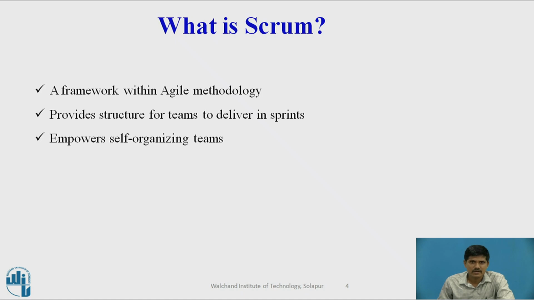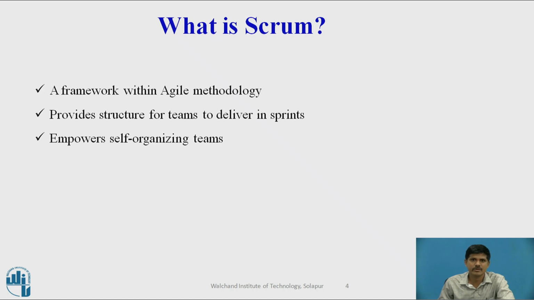So let us understand the definition of Scrum. What is Scrum? In Agile there are different types of methodologies. Scrum is there, Kanban is there, and different frameworks are there. Here, in this discussion, we are going to understand the Scrum framework. It's a framework within Agile methodology, as I mentioned, and it provides the structure for teams to deliver in sprints.